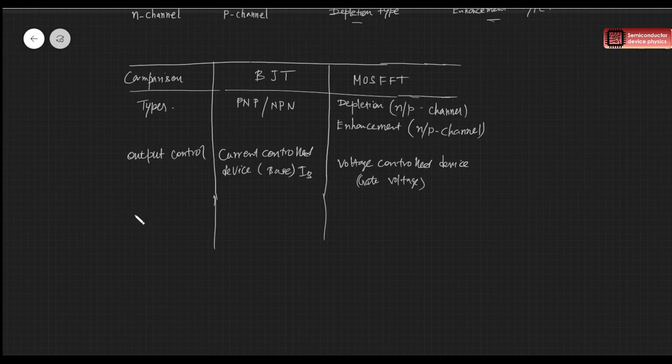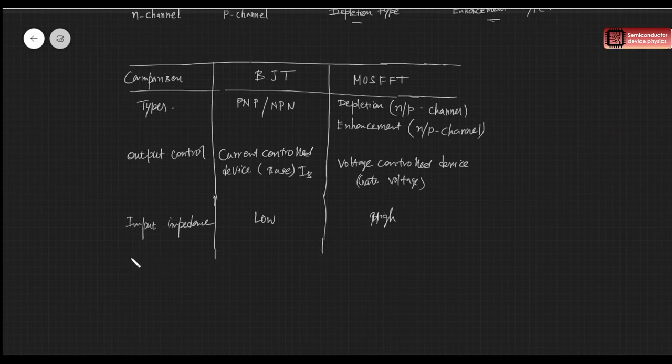And then coming to the input impedance, which is very important for a device, right? For a BJT, the input impedance is quite low. For a MOSFET, it is very high, because at the input we have an oxide layer which is highly resistive, so our input impedance is very high.